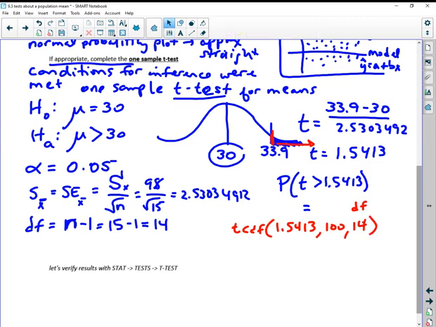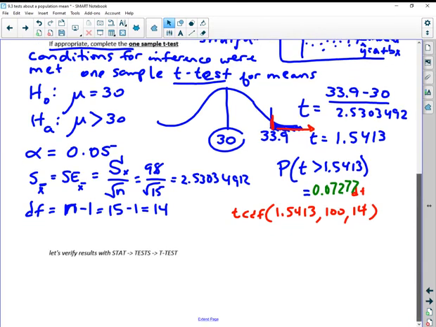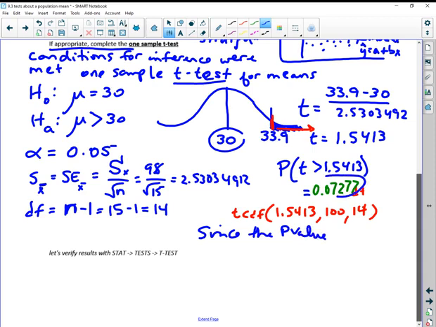So let's see, let's put the value for this. 0.07277. Of course, I wrote that DF right where I wanted to write my probability, but anyway. Okay, since the p-value, because that's what this right here is, that's my p-value.